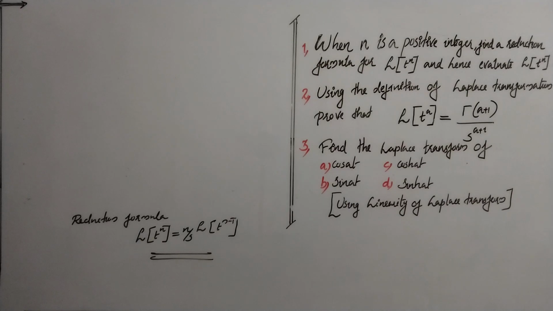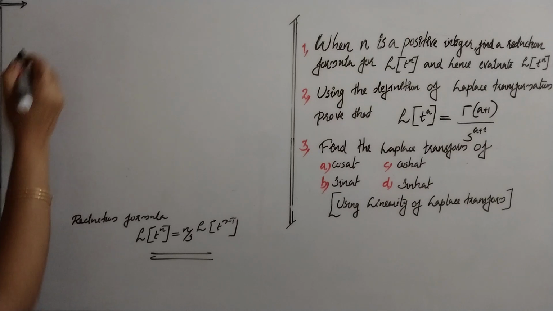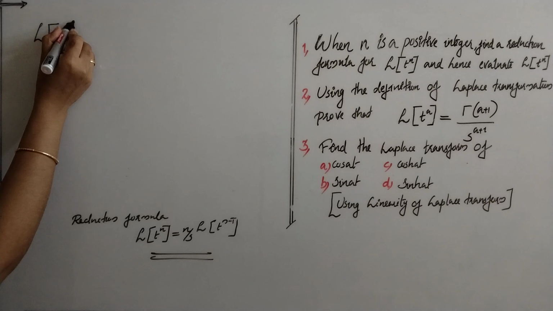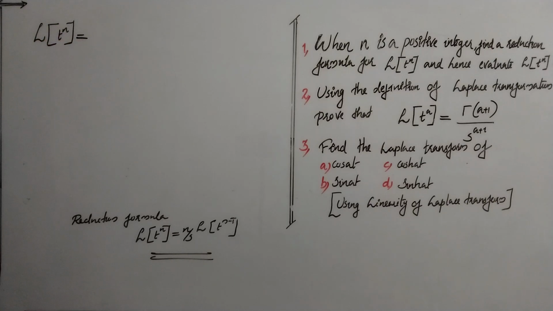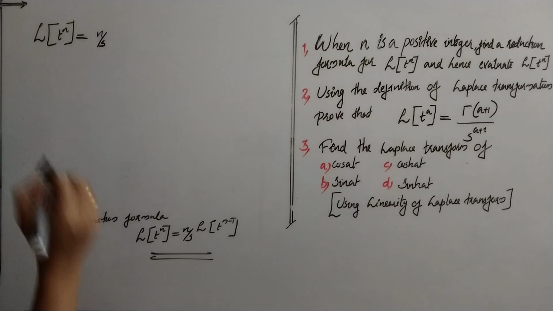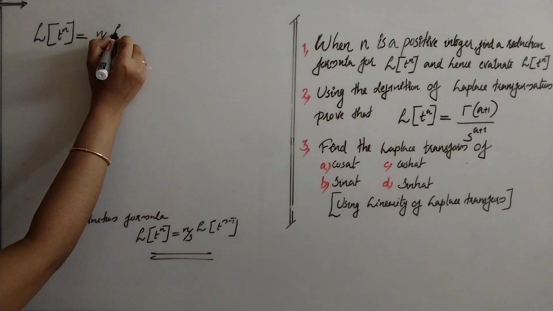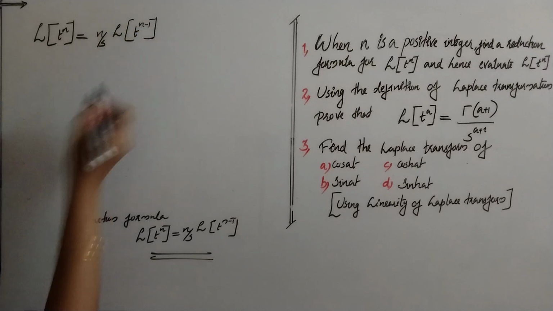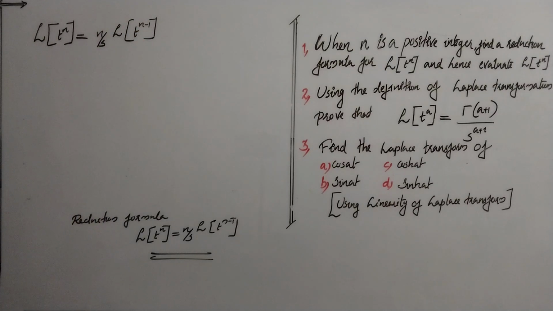Now we have to evaluate L of t raised to n. That is n by s into Laplace transform of t raised to n minus 1.